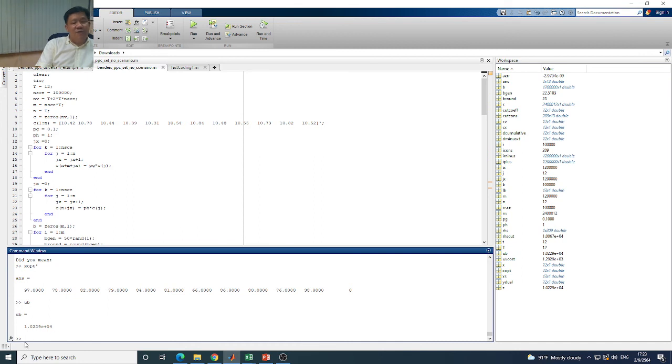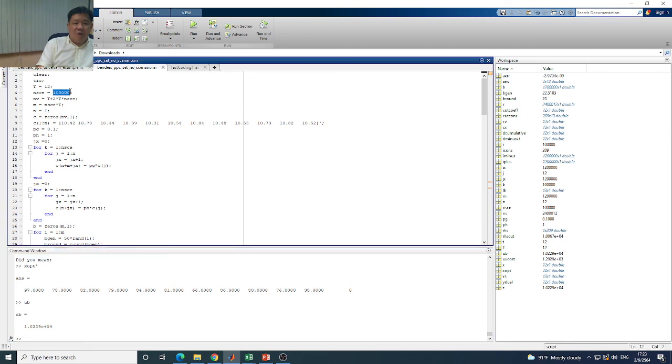I have to say this one, because you solve it with more scenarios. The first 4 digits are already equal, 1022 times 10 to the 4, just the 5th digit differs. But you can see that this one is more believable because they experiment with a larger sample, more number of scenarios.